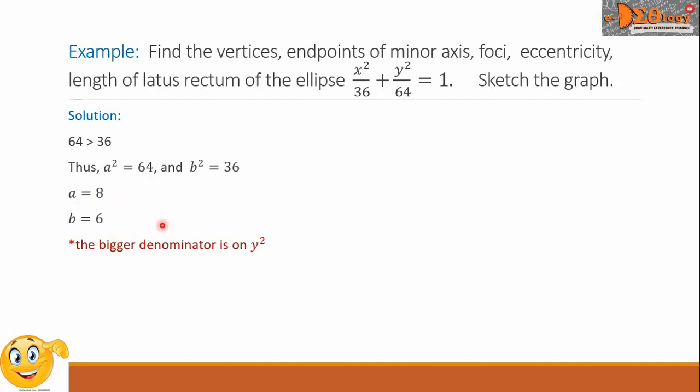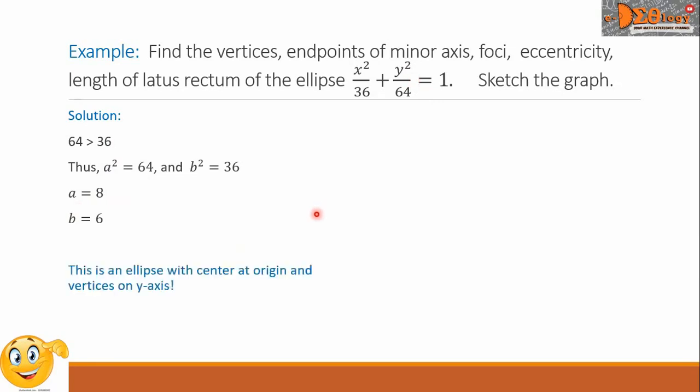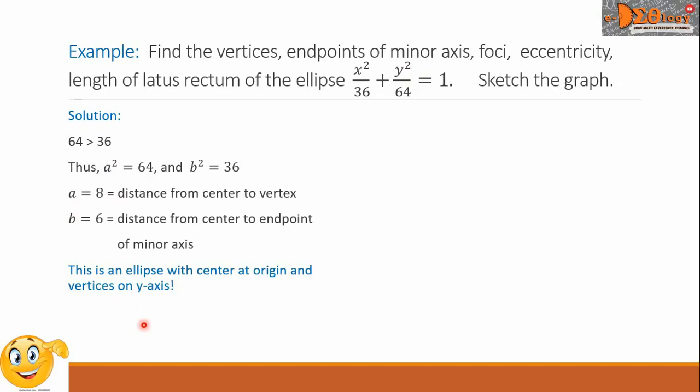Take note also that the bigger denominator is on y squared. It means to say, this is an ellipse with center at origin and vertices on y-axis. Take note also that a is the distance from center to vertex, while b is the distance from center to one endpoint of minor axis.